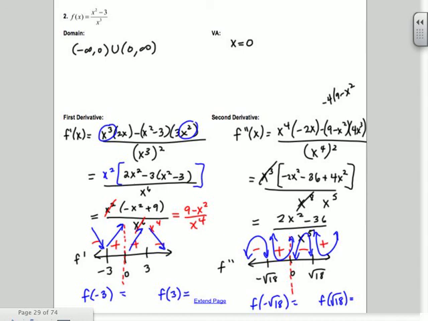Or for the second derivative, you could have points of inflection. So I have negative 0.222 repeating, and positive 0.222 repeating, and negative 0.196, and positive 0.196.